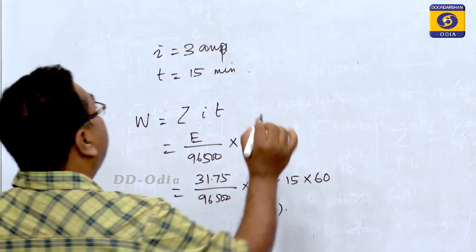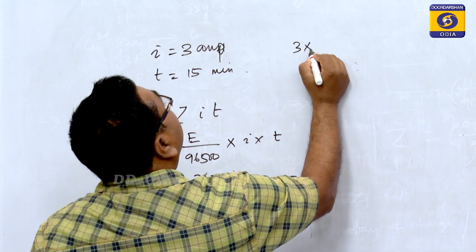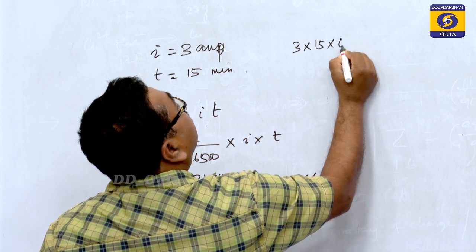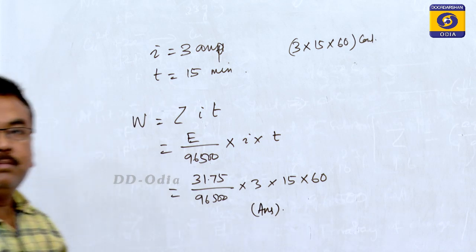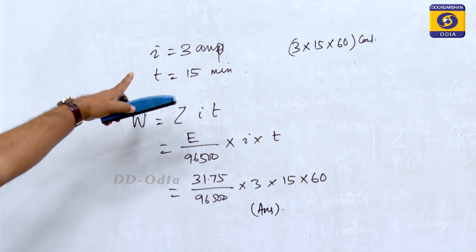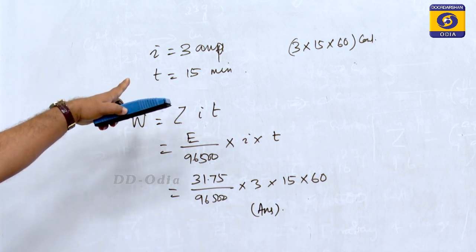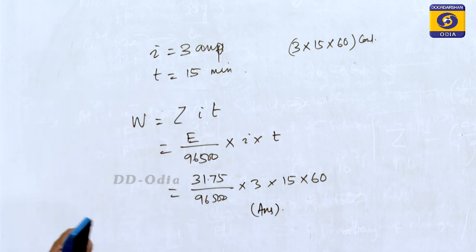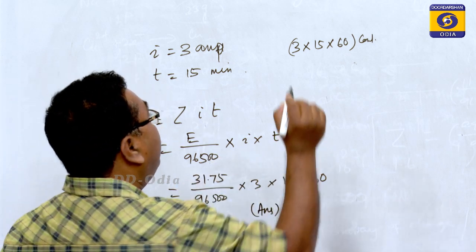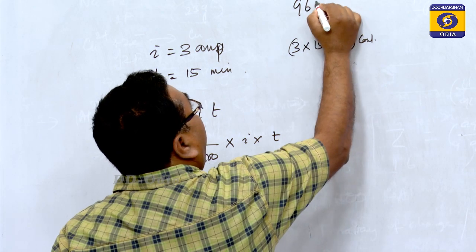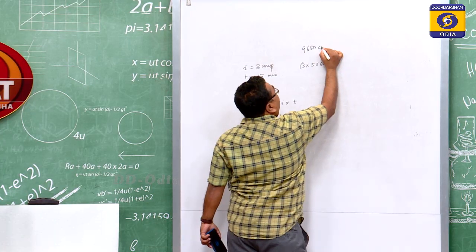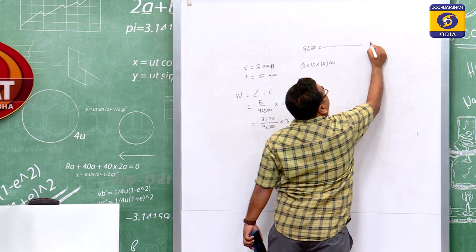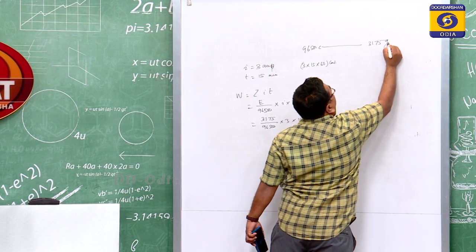You see this product 3 into 15 into 60, this is in coulomb. This is the charge we are using for the production of copper. But we already know from the second law that 96,500 coulomb produce 31.75 gram of copper.